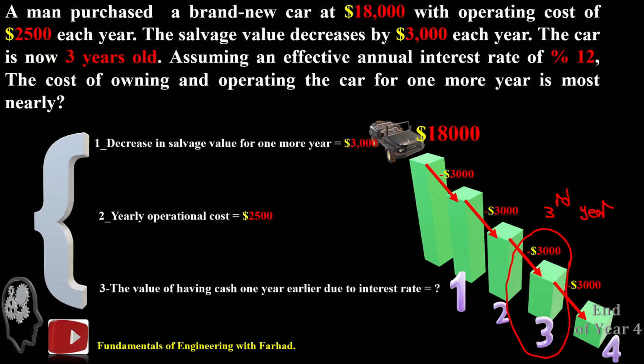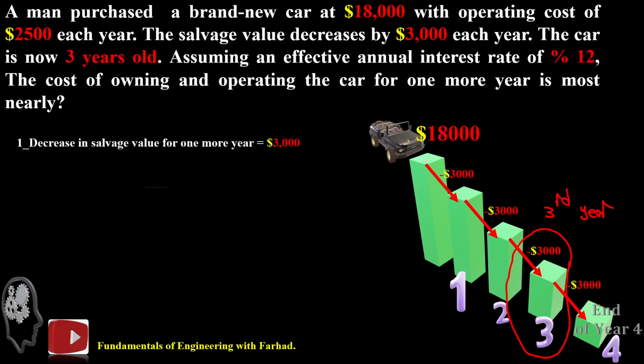The other component is the value of having cash 1 year earlier, at the end of year four in comparison to year three, due to the high interest rate of 12% yearly. For the first two, we simply add 3,000 plus 2,500.